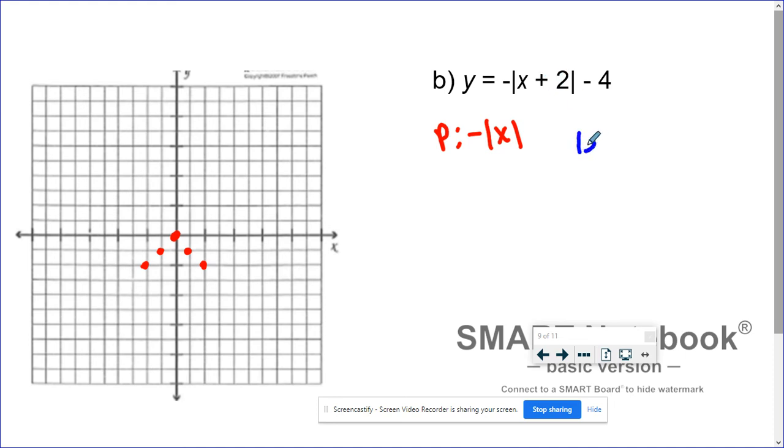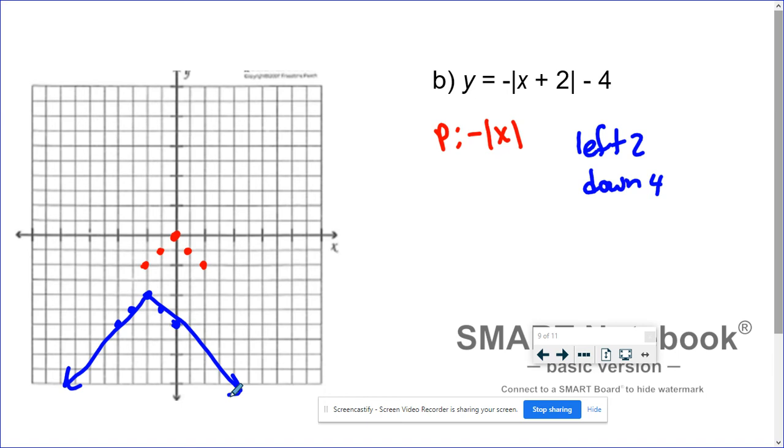The +2 is left 2. The -4 is down 4. So I'm going to go for each of those red points, go left 2, 1, 2, and down 1, 2, 3, 4. I'm going to do that for each of the other points. Left 2 and down 4. And that is my graph.